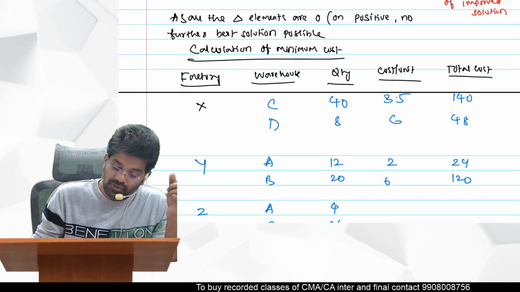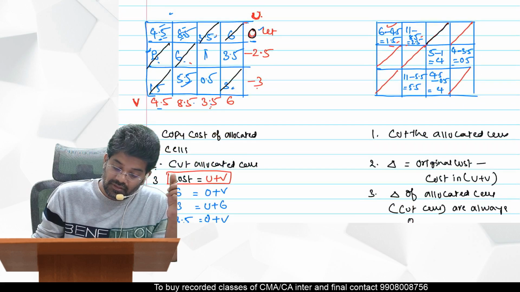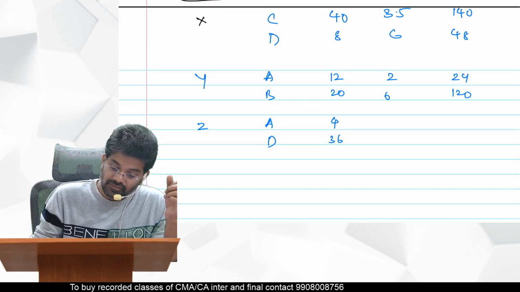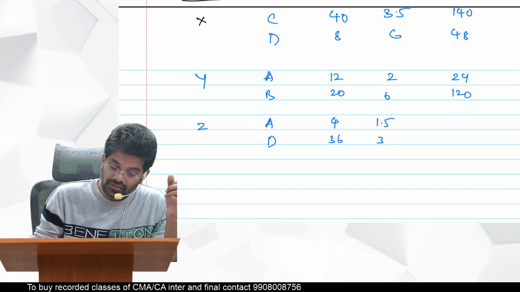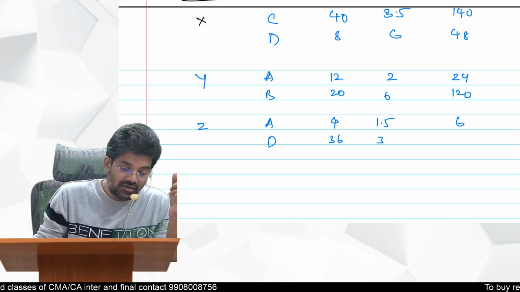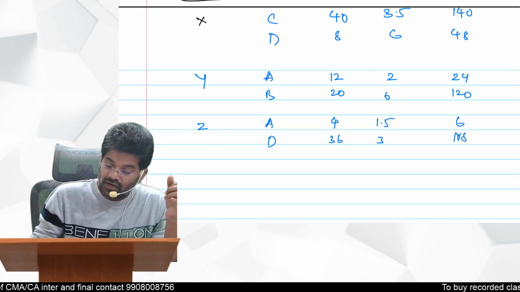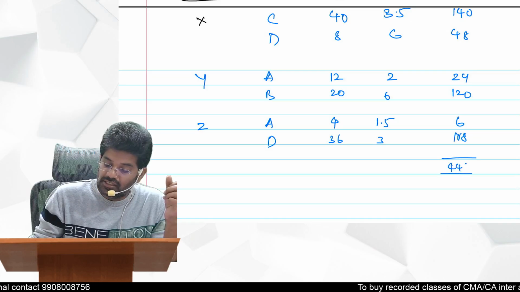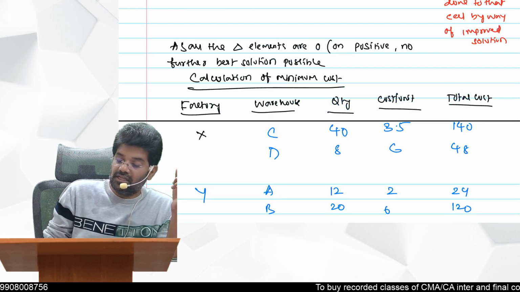And what is the cost per unit here? A 1.5, D 3. So this is 36 into 3, total is 108. So add all this, the total will be equal to 446. This is the minimum cost you will incur.